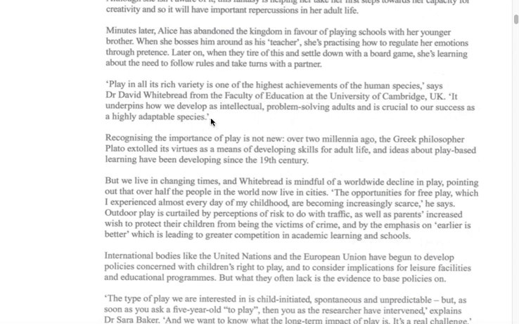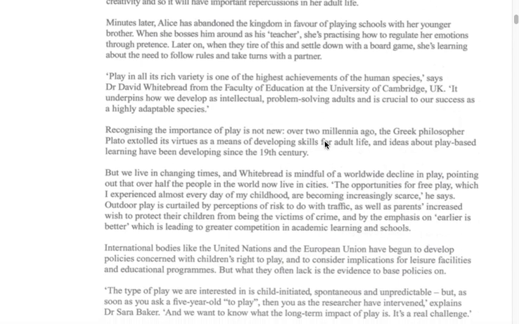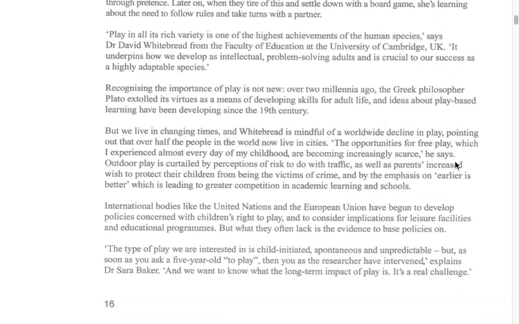It underpins how we develop as intellectual problem-solving adults and succeed as a highly adaptable species. Not here. Recognizing the importance of play is not new. Over 2 million years ago, the Greek philosopher, means developing it all. I'm just quickly scanning, I'm not reading over here, so it's not over here.